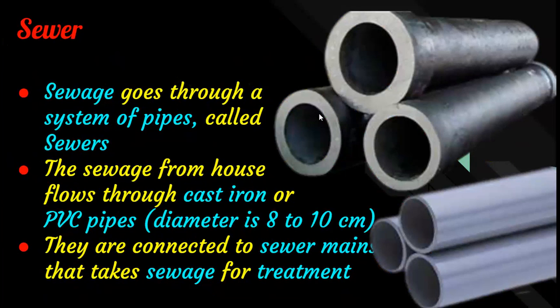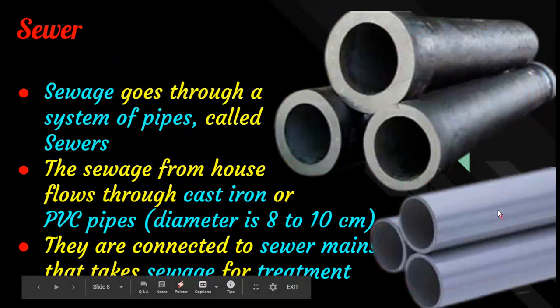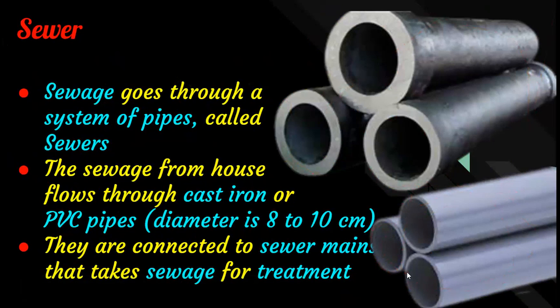The sewage from homes flows through cast iron or PVC pipes. PVC means polyvinyl chloride and it is a type of plastic. These pipes are connected to sewer mains, which consist of larger pipes laid under the ground. This takes the sewage to the wastewater treatment plant.